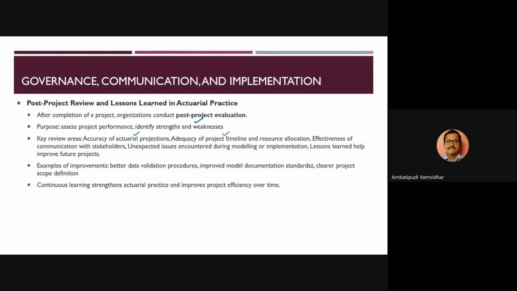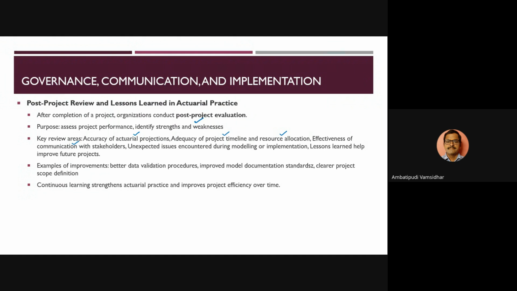The project timelines: to what extent were you able to meet the timelines? What is the performance assessment of the various resources used in the project? The resource allocation related analysis is what you will try to do. How good was the communication with the different stakeholders?